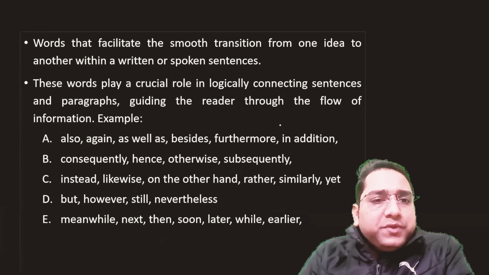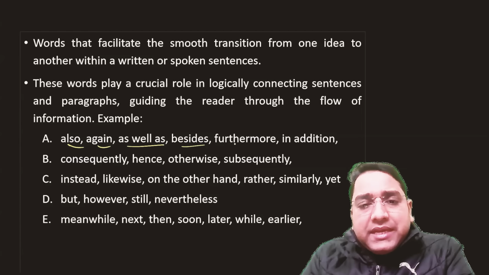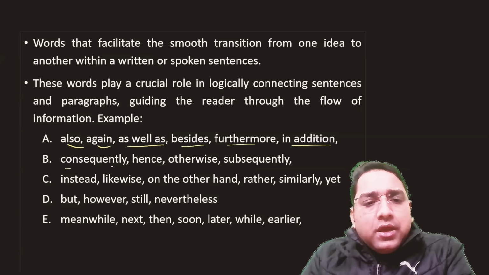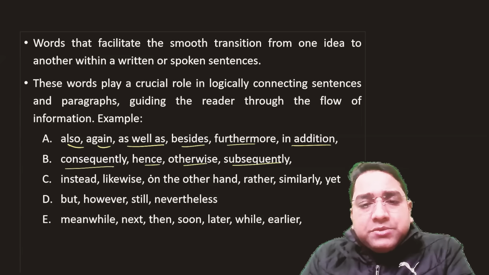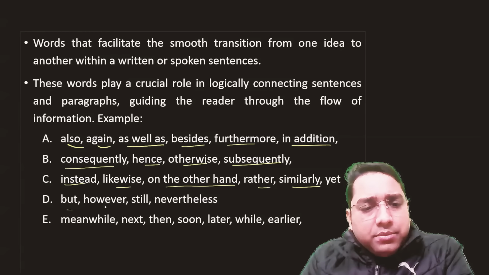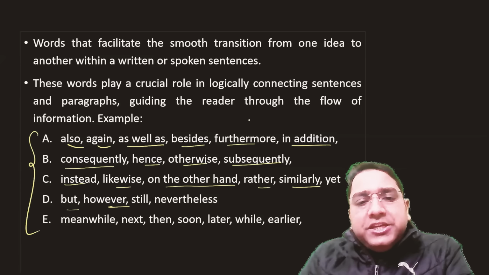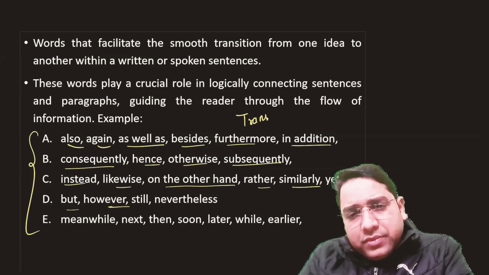Now, these words are called transition words, like also, again, as well as, besides, furthermore, in addition, consequently, hence, otherwise, subsequently, instead, likewise, on the other hand, rather, similarly, yet, but, however, and so on. These are all transition words.